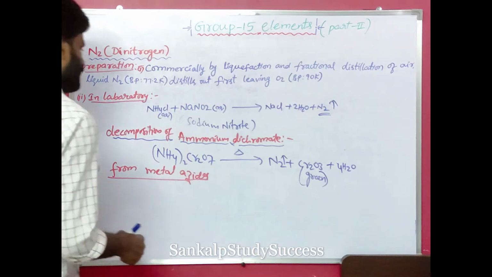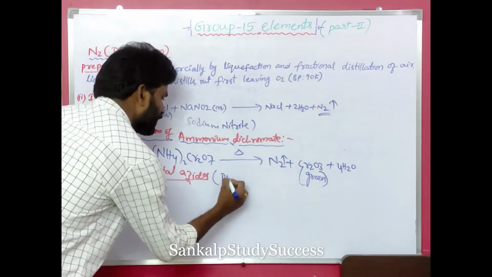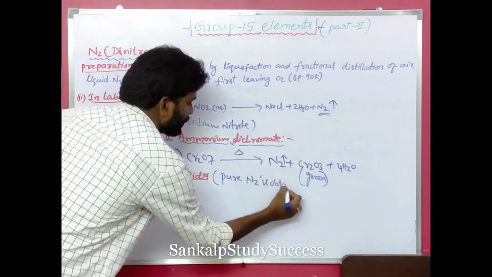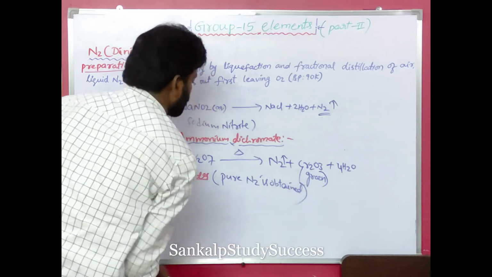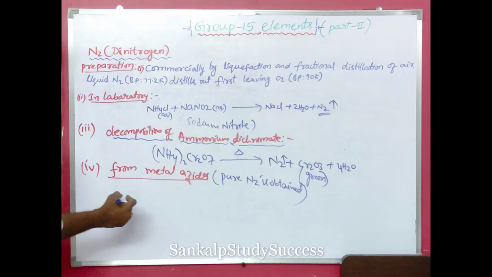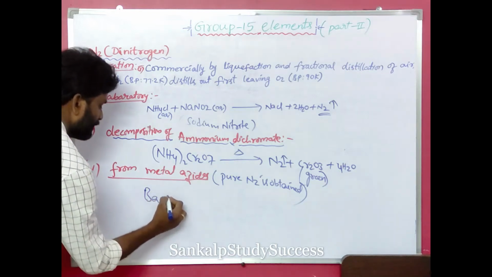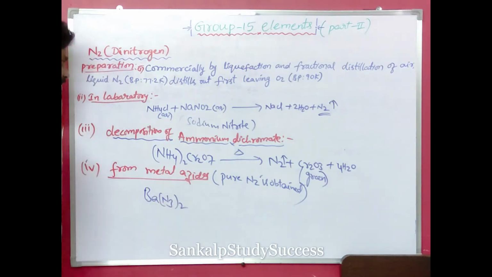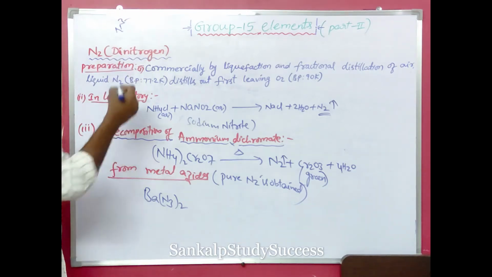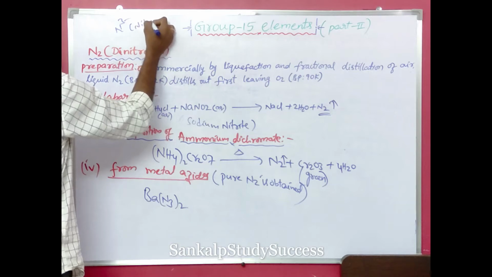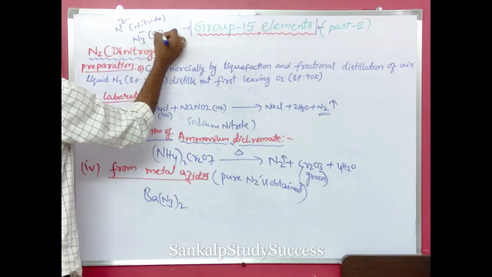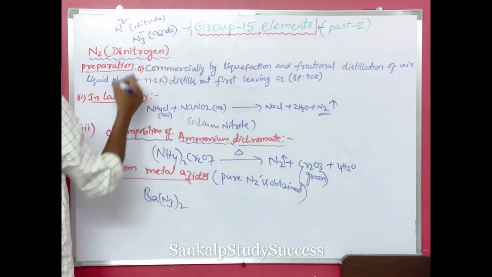If we take barium azide or sodium azide, Ba(N3)2, barium azide. N3 minus is said to be azide.